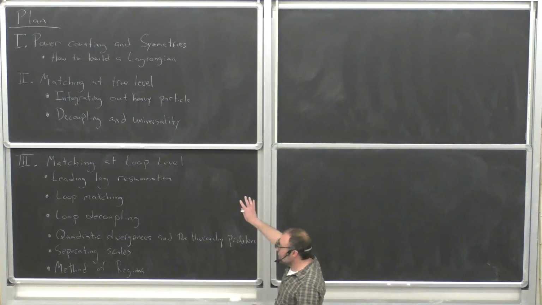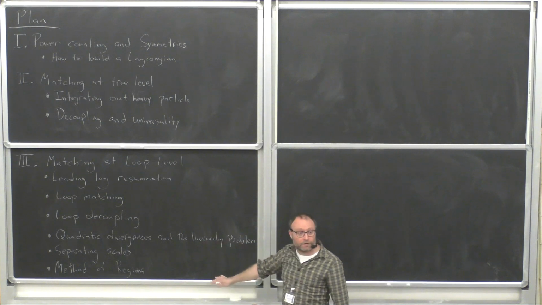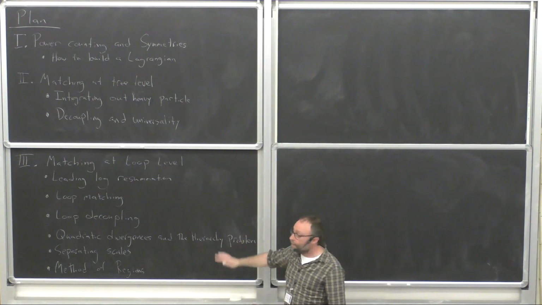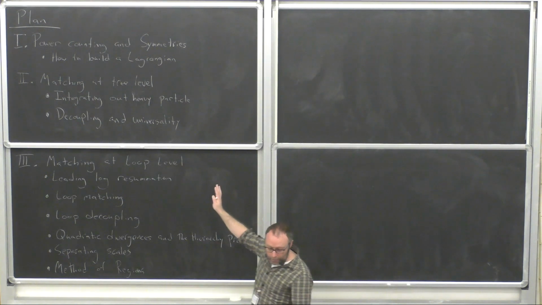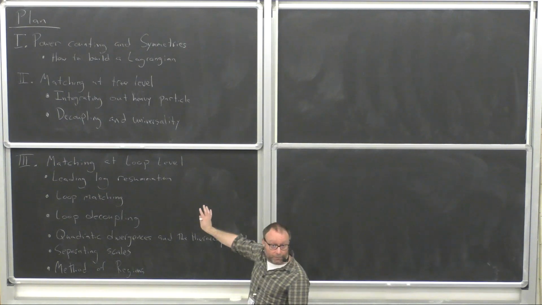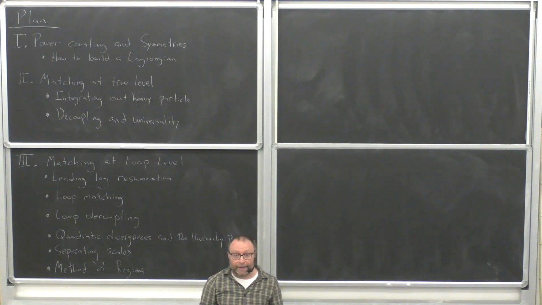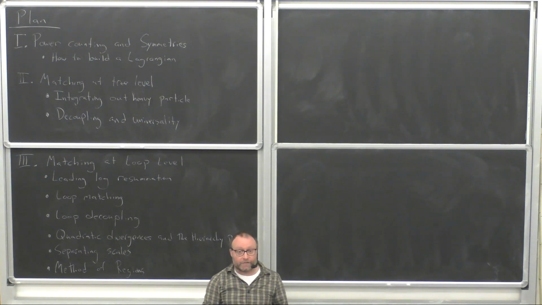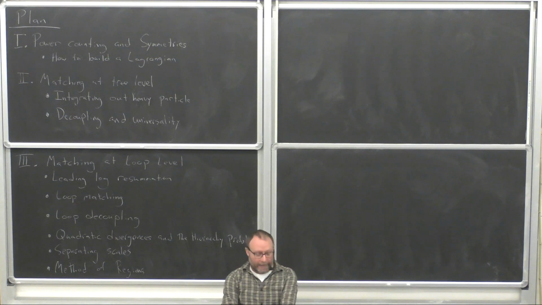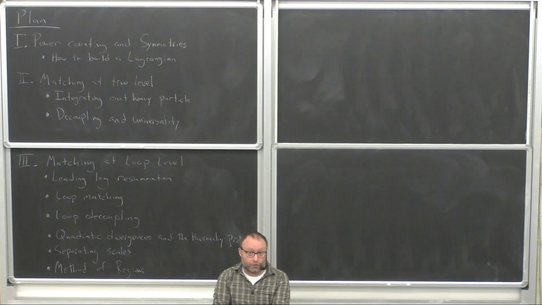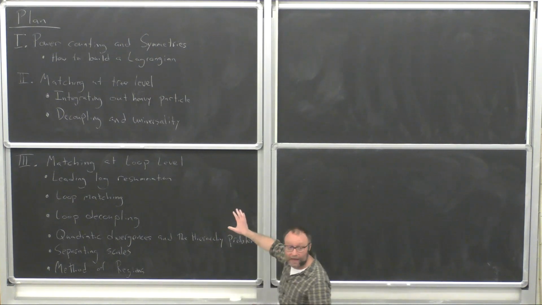So let me also say, with this full program, the game I want to play: I was raised as a model builder, and the goal of model building is to expose mechanisms. So I very much approach this outline from that point of view.